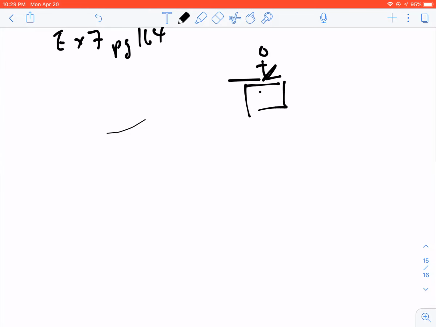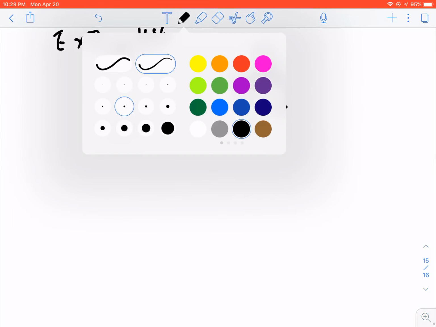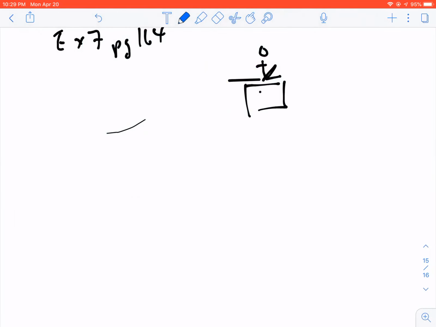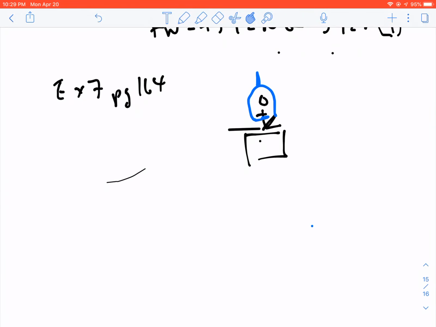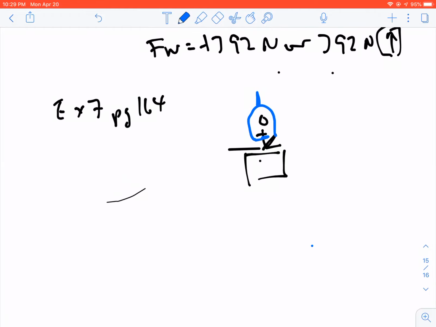And the question is, okay, there's a harness now around the waist of this person. Let me go to a different color, let's say blue. I've got a harness around my waist, and it's attached to an upward force on the crane. So the crane is here causing an upward force of 92 newtons.